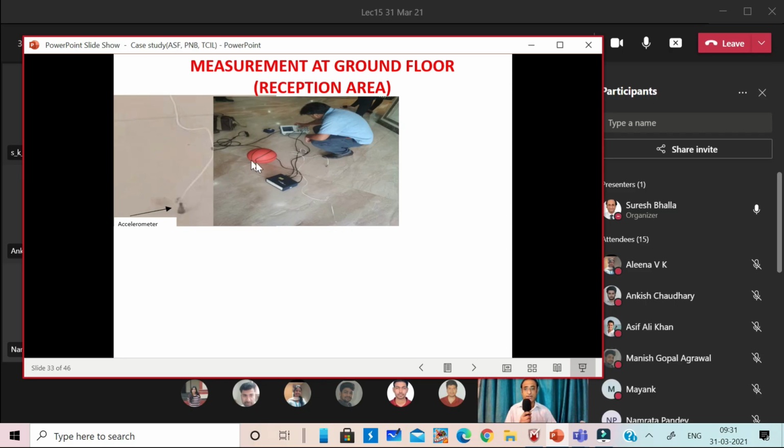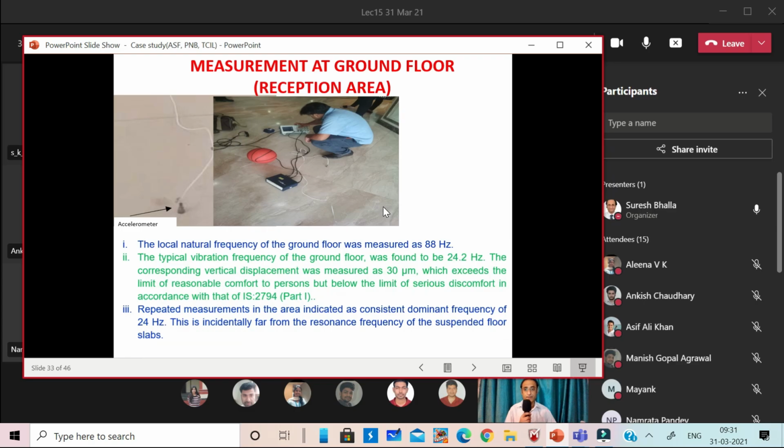a basketball. This we had brought for the purpose of doing a controlled vibration test, just like we have the impact hammer. So here we do this kind of testing so as to excite the floor slab with our vibrations, so that the floor vibrates at its own natural frequency, and we could measure the natural frequency of the floor slab.